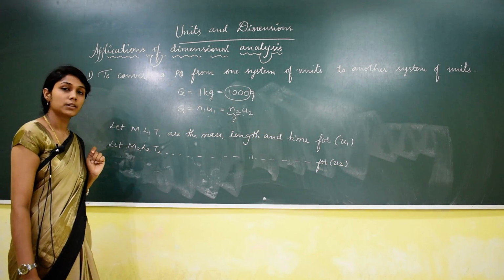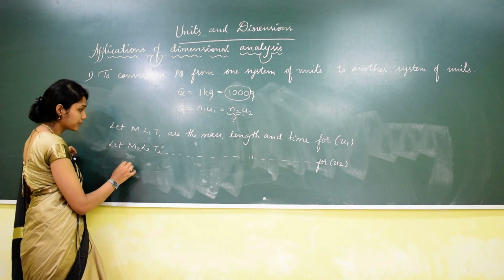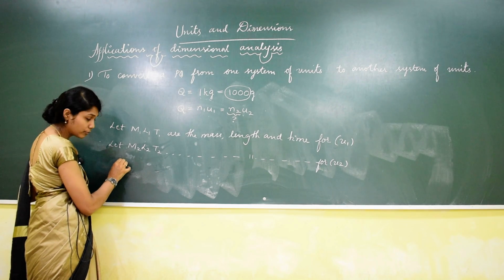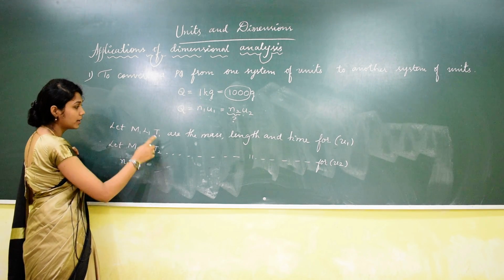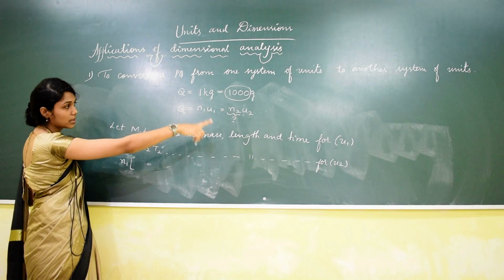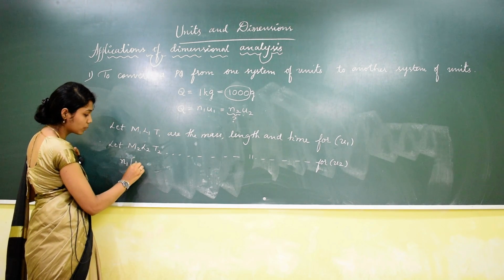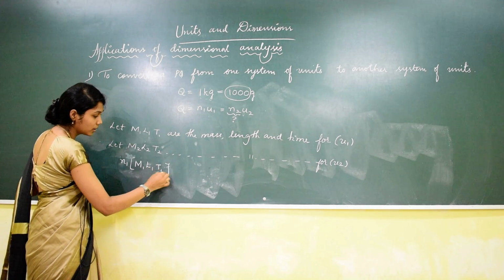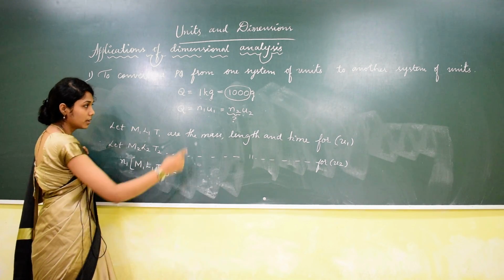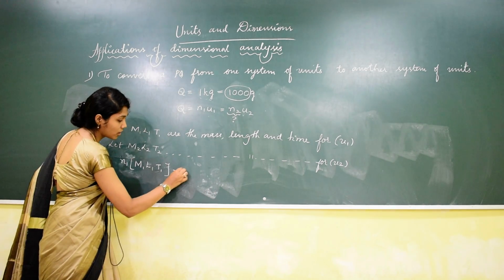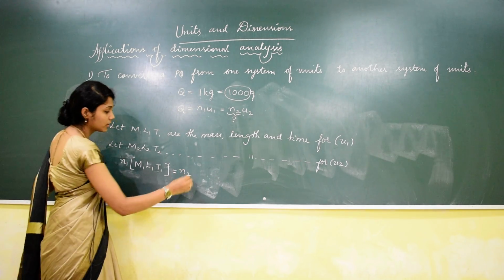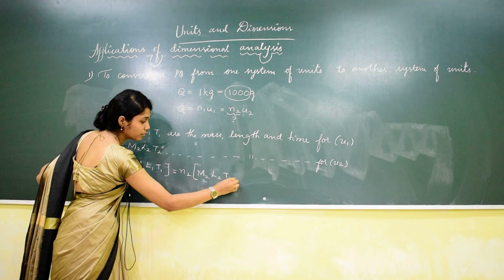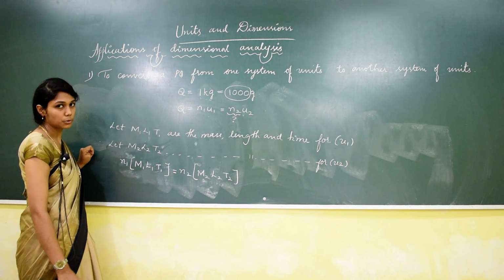Okay, so now I am going to write this as, see here, N1 will be the numerical value for me, and M1, L1, T1 are the size of the unit U1. So here I am going to write N1 M1, L1 and T1 is equal to N2, I have to find here, and M2, L2 and T2 with the size of the unit U2.